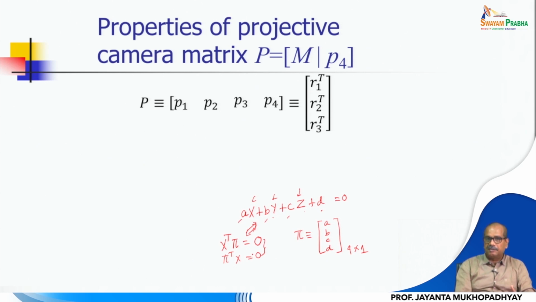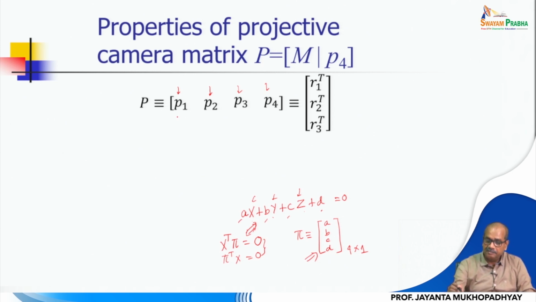So, the summary is that a plane is represented by a 4 cross 1 column vector. Now, earlier we considered the column vectors of projection matrices, and each column vector was a 3 cross 1 representation, which means they are elements of a 2D projective space. That is why some of the image points are related to some entities of the imaging system, those vanishing points and the image of the origin.